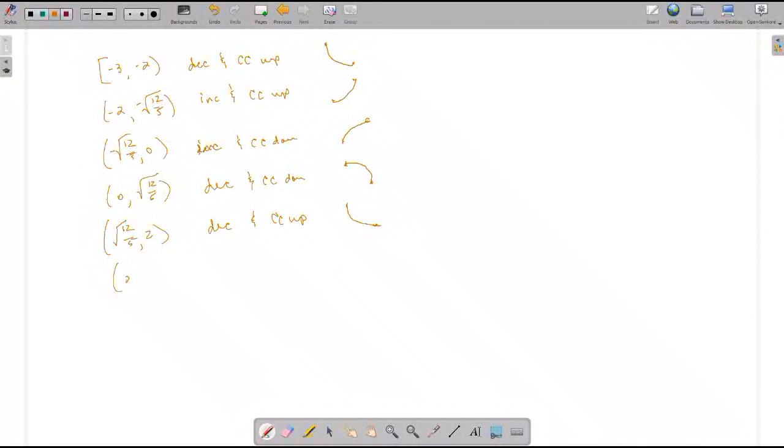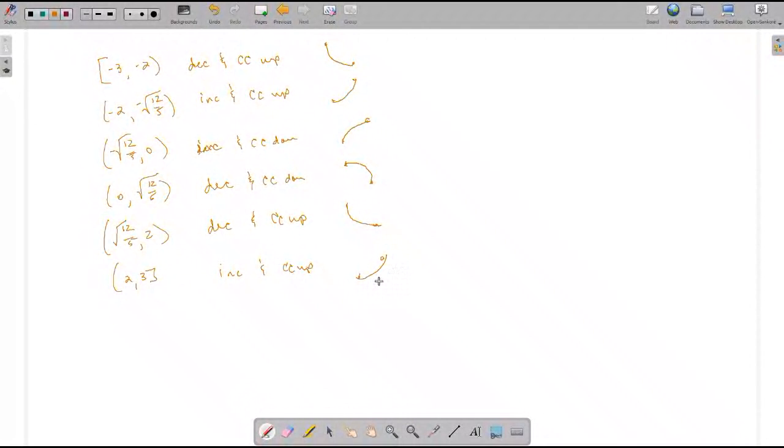And from 2 to 3, I was increasing and concave up. So now I'm increasing and concave up.